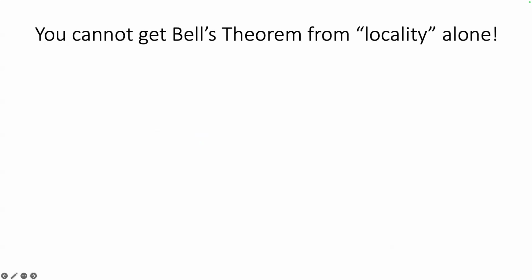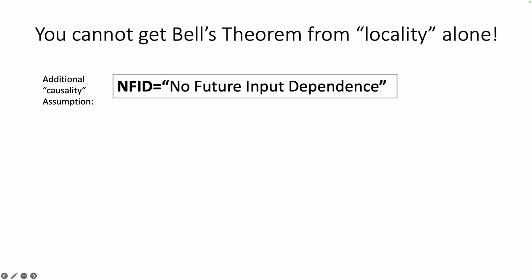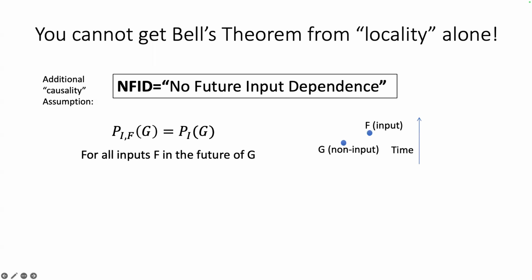You can't prove Bell's theorem from that assumption, it turns out. You need one more assumption. You need this kind of a causality assumption. You have to assume that the future doesn't matter in a certain sense. Here's the specific sense it can't matter. If I have a setting here, like an input that I can set, and I have a prediction of what my parameter G here in the past should be, given I set my setting F to be whatever it is, then it shouldn't matter.